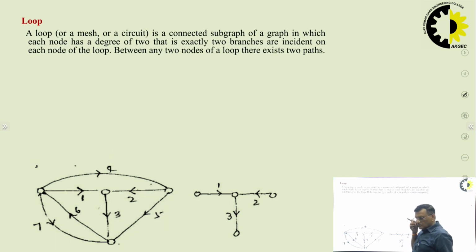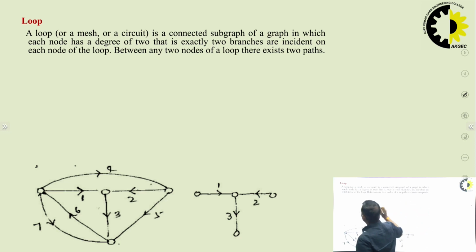Now there is some more terminology associated with graph theory, that is the loop. So what is a loop? A loop or a mesh or a circuit, all three terms are the same, is a connected subgraph of a graph in which each node has a degree of 2.